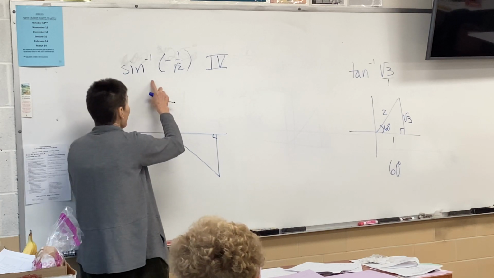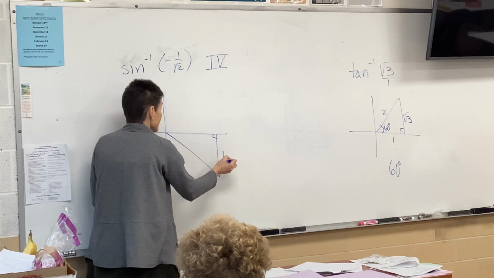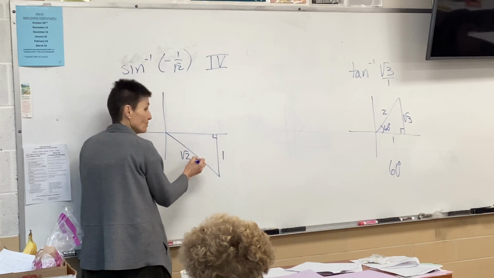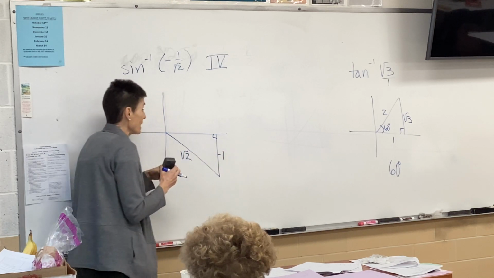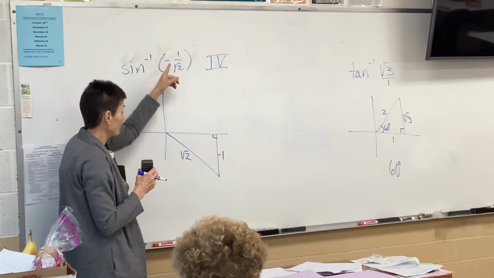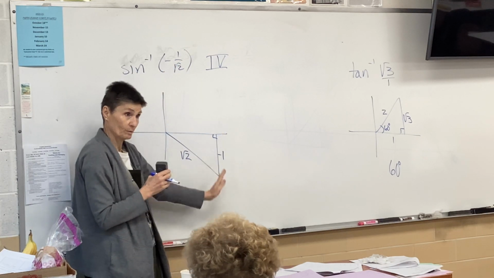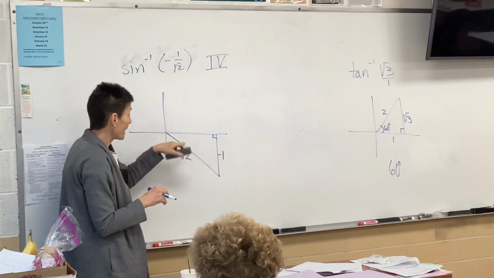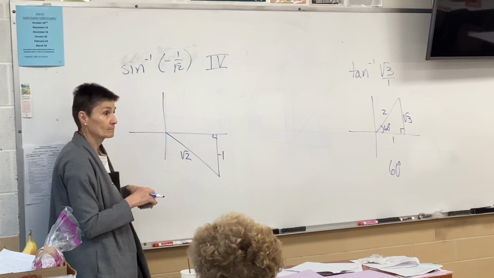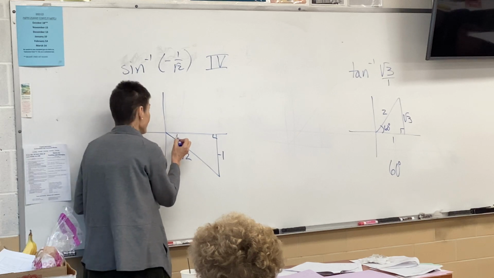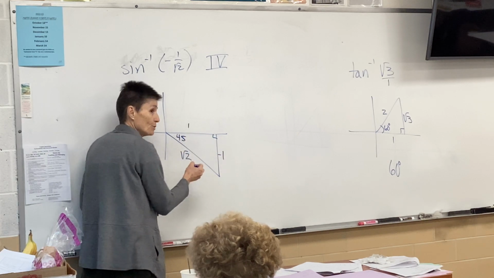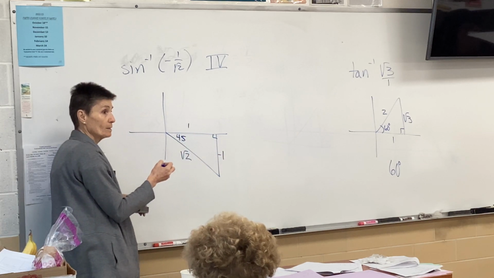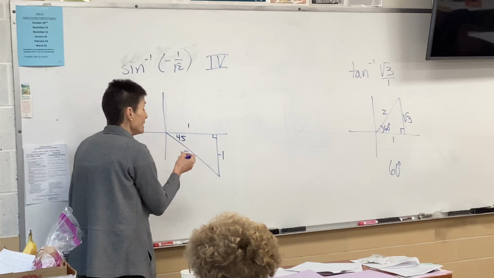Now, the sine is opposite over hypotenuse, and that's negative because, well, it's negative in the problem, but it's negative in the quadrant there too. Now, what kind of an angle is that? 45. Isn't this a 1, 1, root 2 situation, guys? So that's a 45.